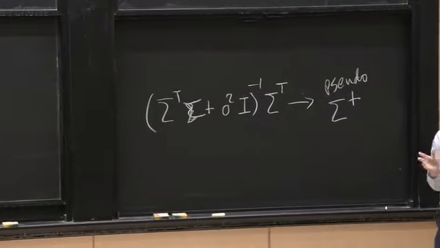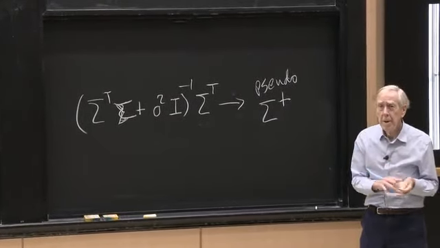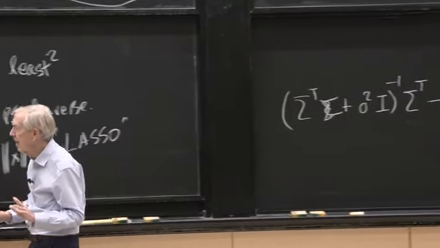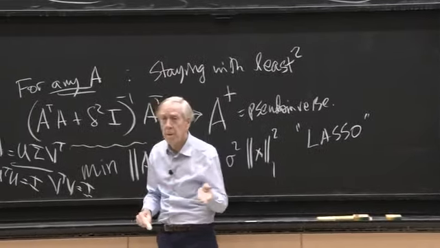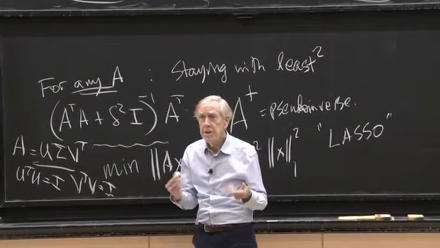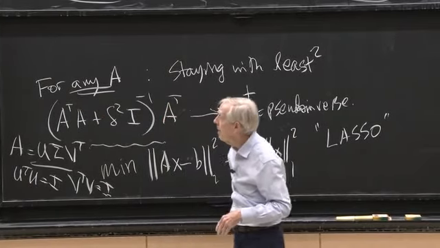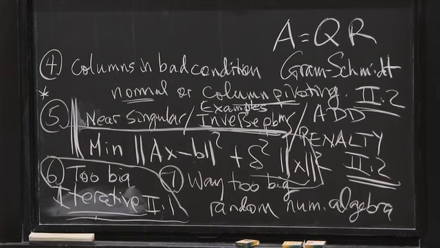Okay, so that's the theory. But I guess the most important message in today's lecture is in this list of different types of problems that appear and different ways to work with them.